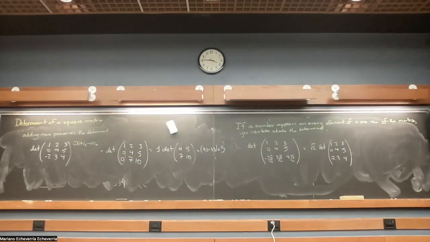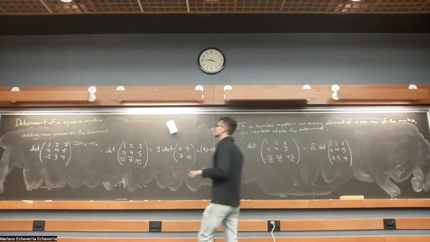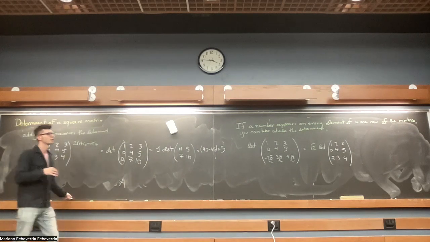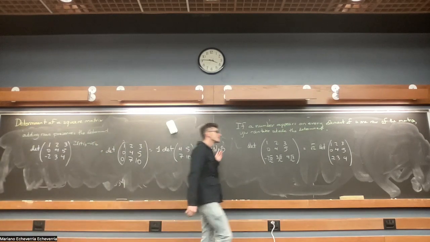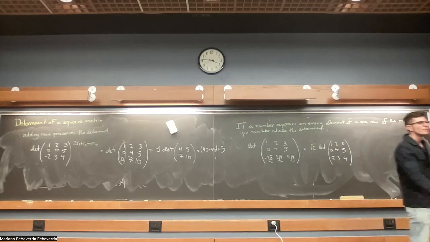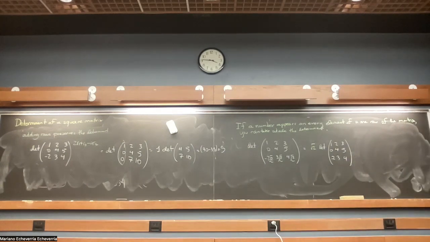Of course, in practice, for these special cases where it's 3 by 3 or 4 by 4, you don't gain that much in terms of time. But if you had a 10 by 10 matrix, you can imagine it would be useful to first create a bunch of zeros using row operations, because it will reduce your time eventually.